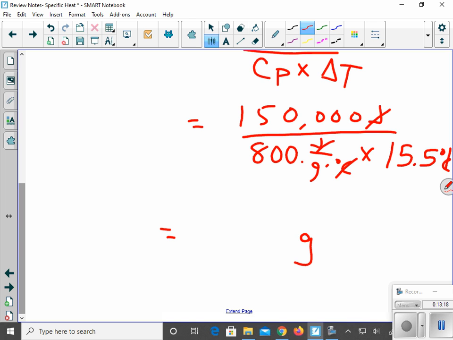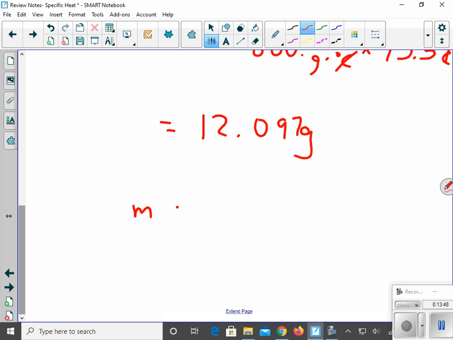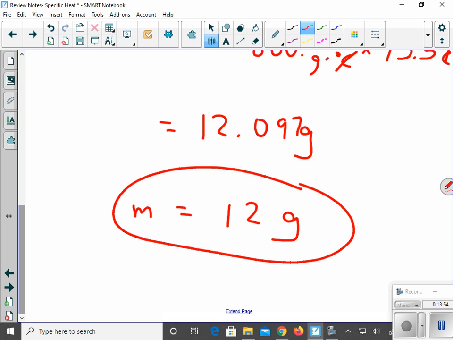And when I divided that out, 150,000 divided by the product of 800 times 15.5, I came up with a value of 12.097 grams. When I look at my sig figs, I can see that I need to have 2 significant figures. So my mass is going to be equal to 12 grams of granite is needed to store that particular amount of energy.